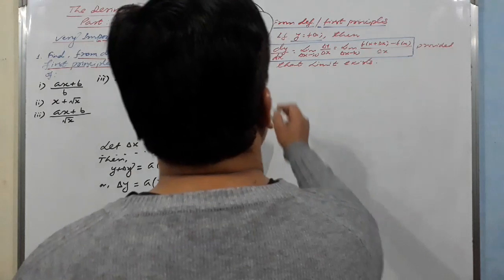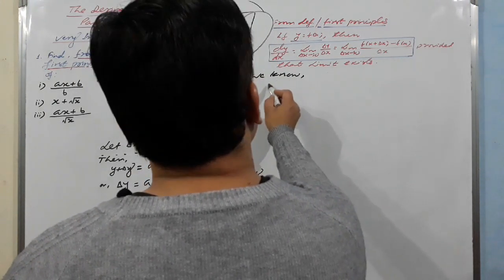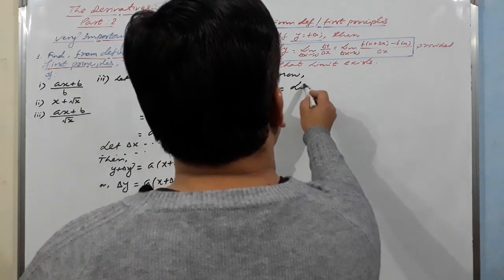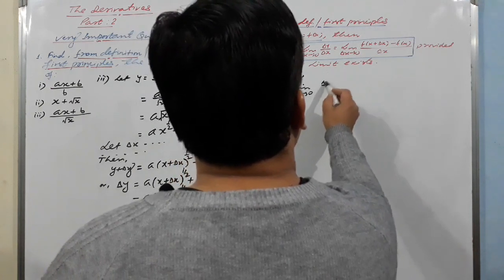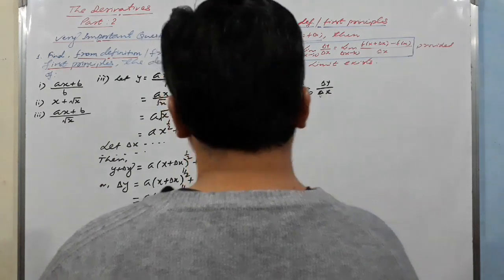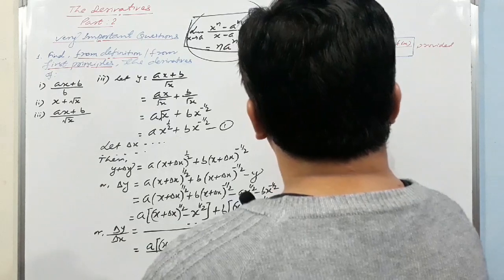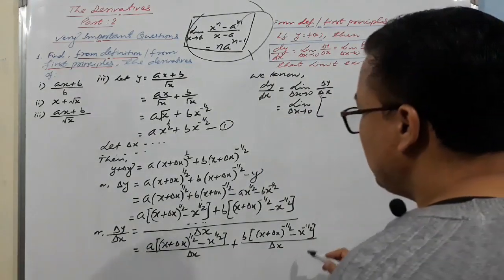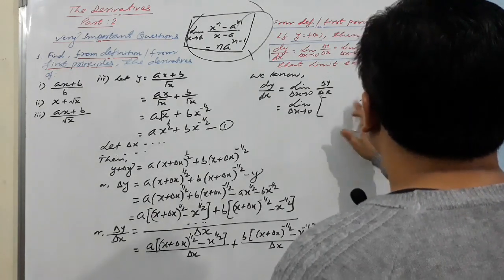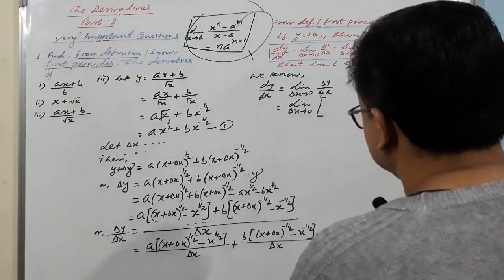Now let's apply the definition. We know dy by dx is equal to the limit as delta x tends to 0 of delta y by delta x. And the limit, instead of delta y by delta x, we will write down the whole thing.